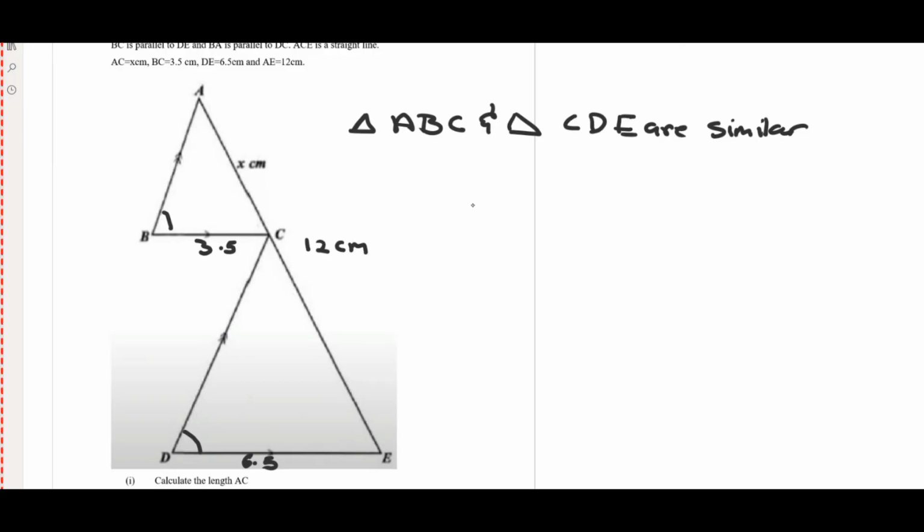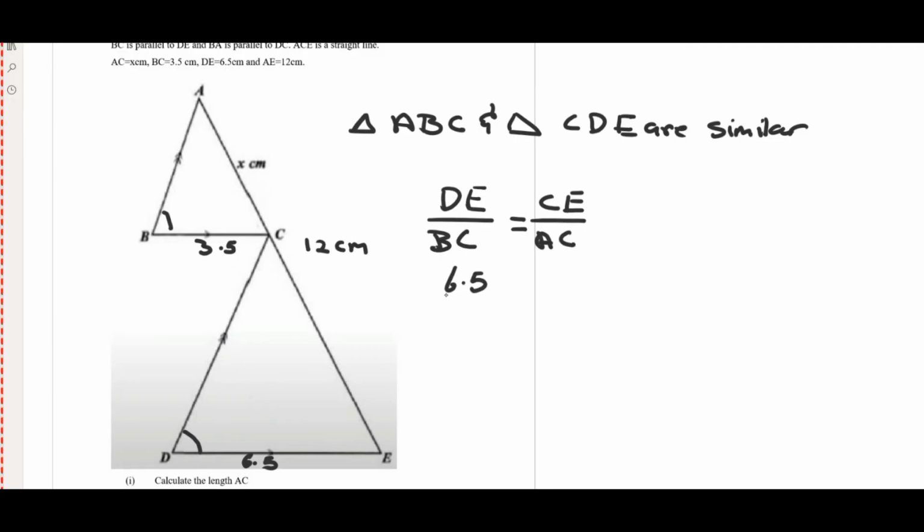you would say DE over BC is equal to CE over AC. What is DE?